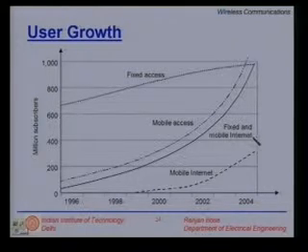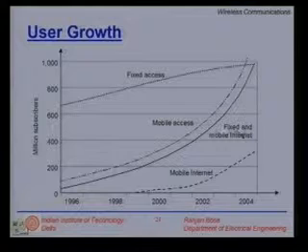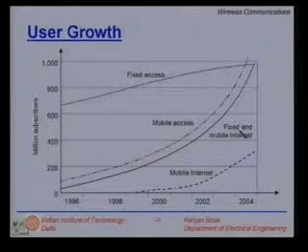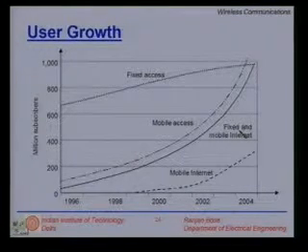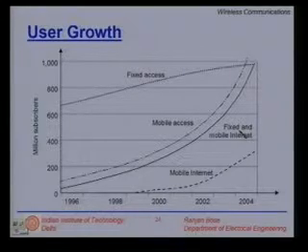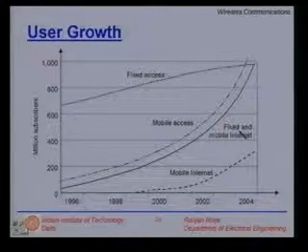Here, please note, I have put fixed and mobile internet. It still is wireless. It's fixed wireless. Today we also talk about fixed broadband wireless access. Another evolving standard is WiMAX, the IEEE 802.16. It is the metropolitan area network.